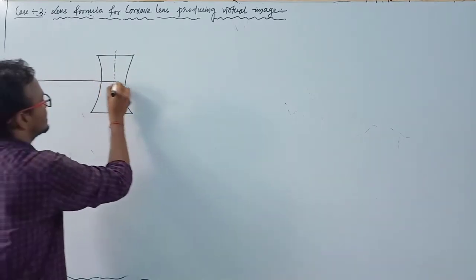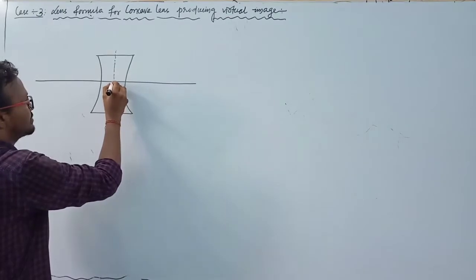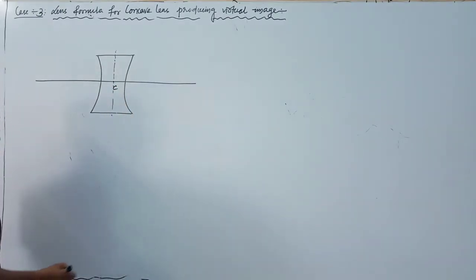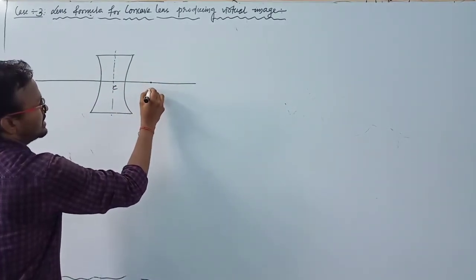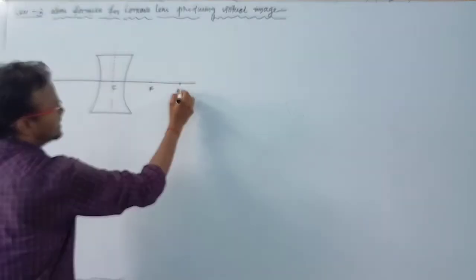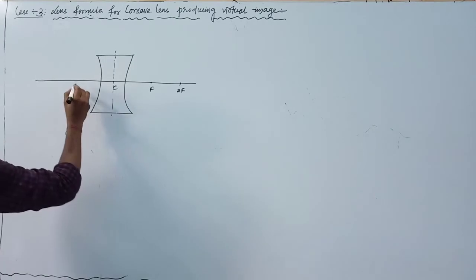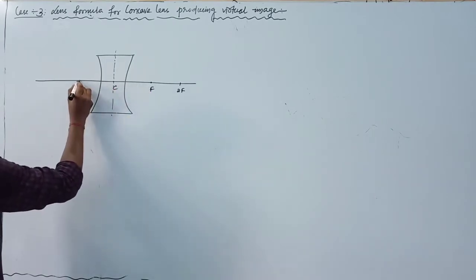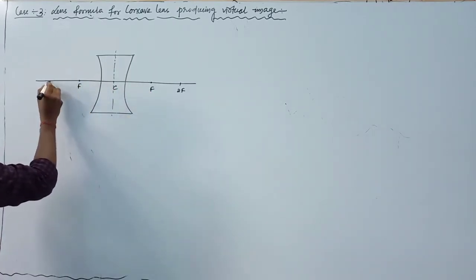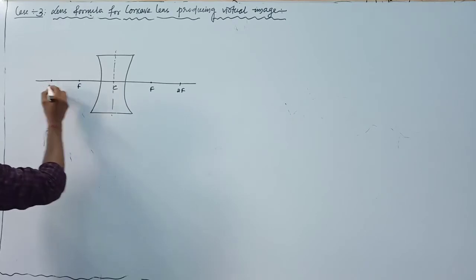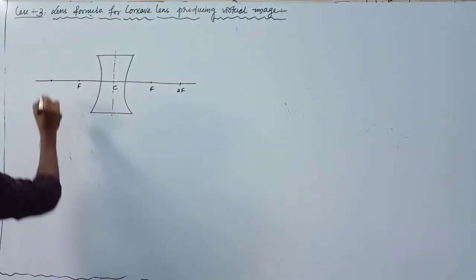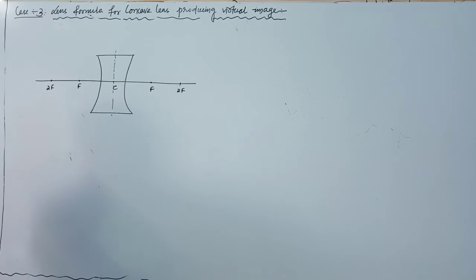This is the principal axis and this point is the optical center C, this distance is f and this distance is 2f. Clear? The radii of curvature are equal and we have to use a thin lens here, with a very small aperture, and we have to use paraxial rays only. Clear?